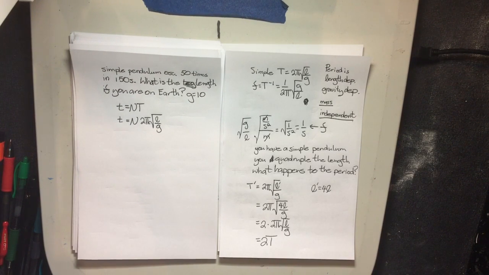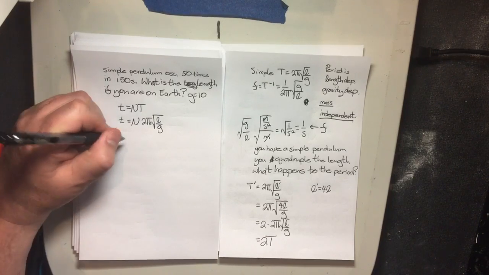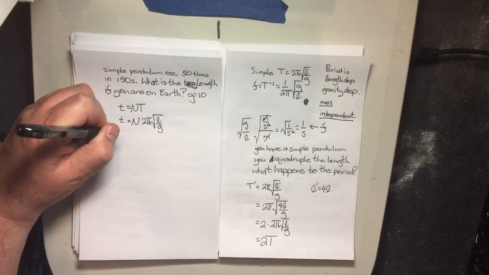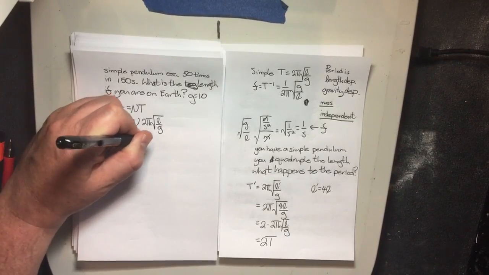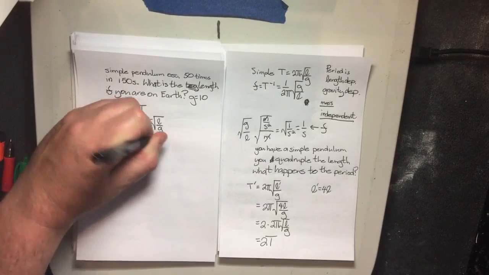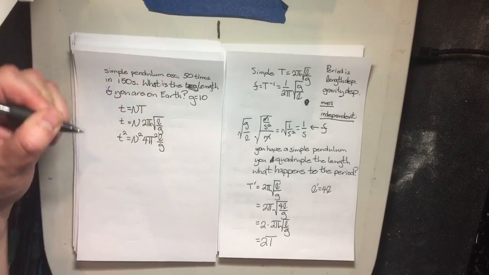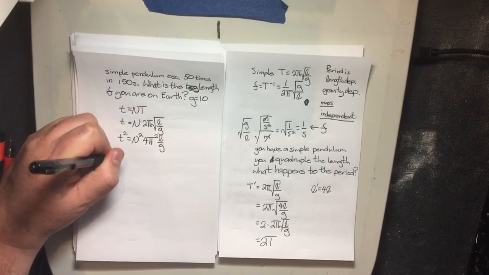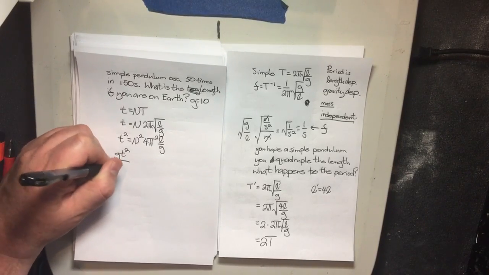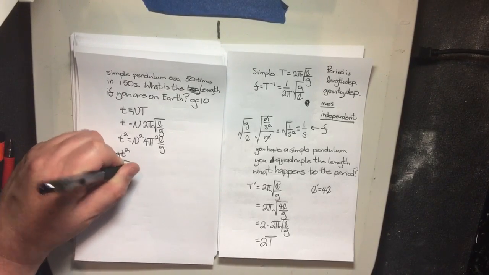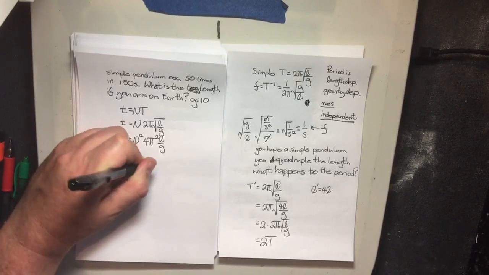I'm looking for L. Square everything. T squared equals N squared 4 pi squared L over g. This means g T squared over 4 pi squared N squared is equal to L.